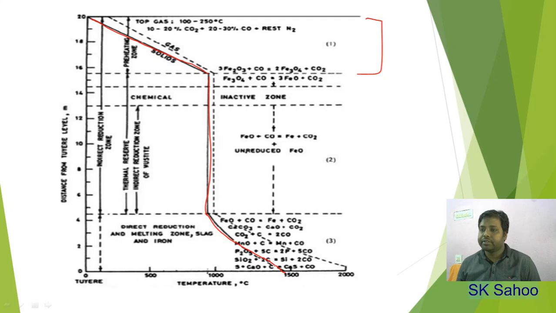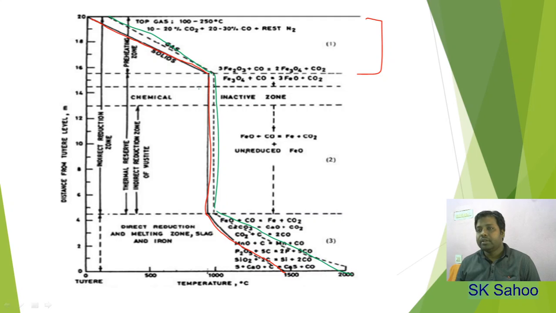The red line is the solid temperature, and the dotted line is your gas. We have seen that the dotted line is always to the right of the solid line. That means the gas temperature is higher than the solid temperature.